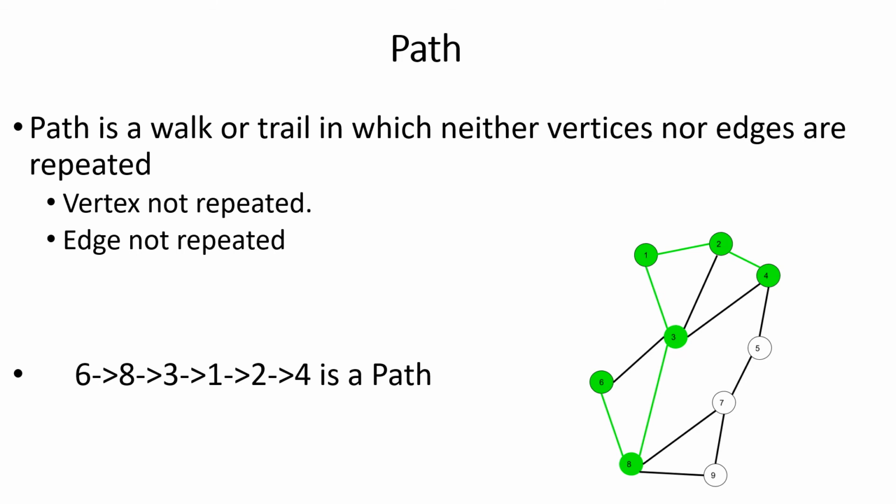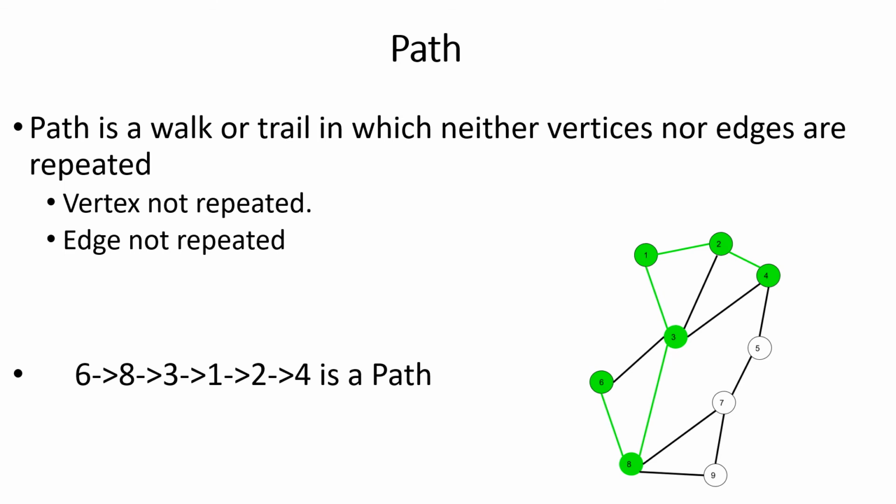Path. Path is a trail in which neither the vertices nor the edges are repeated. So we have already seen a trail is a walk in which the vertices can be repeated but not the edges, while path is a trail in which neither the vertices nor the edges can be repeated.